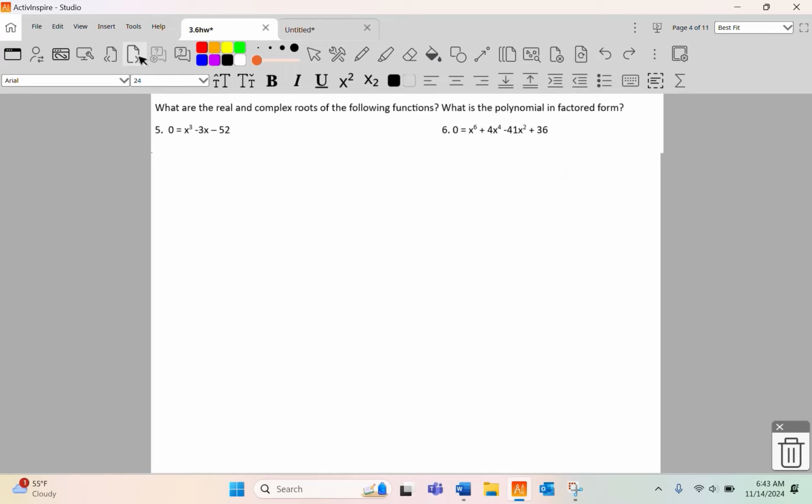And nobody's saying it's going to be a whole lot of fun. I don't think it will be. Normally, you try to reduce to a quadratic, but I don't know if we're going to be able to do that on this one or not. But let's see.